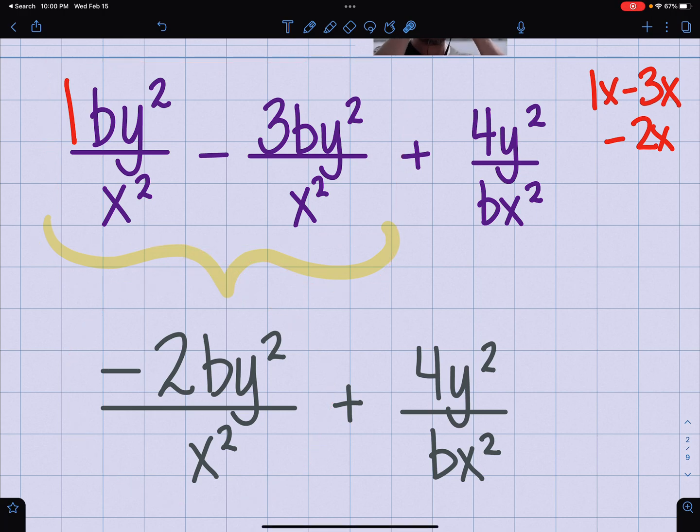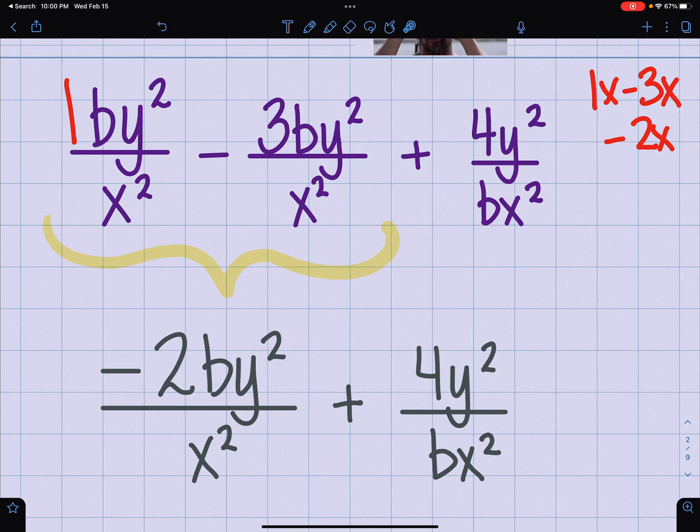Now, this third one is not a like term. Why? Because it's not the same. If you look at the variables, there's a b on top here. There's no b on top over there. There's a b on the bottom. You can't combine that. I mean, you could move the b up, but then it would be b to the minus 1, and that's not the same.